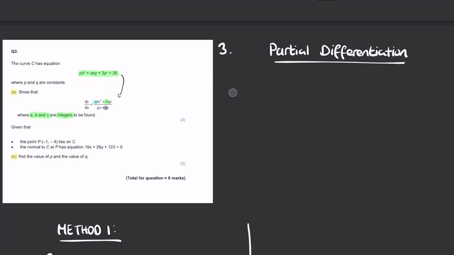But when you partially differentiate, you use partial y by partial x. This looks like a delta sign. It basically is a delta sign, but it means totally different things. It just means partially differentiate the function y with respect to only x.